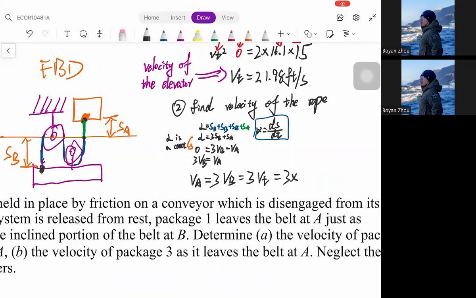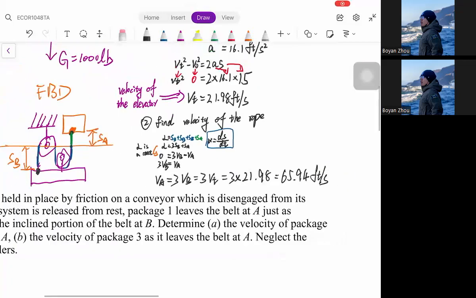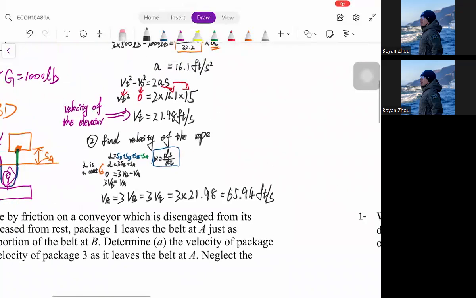So it's going to be 3 times 21.98. I didn't calculate that, so let me find the calculator. 3 times 21.98 is 65.94 feet per second. Okay, we found the velocity now.